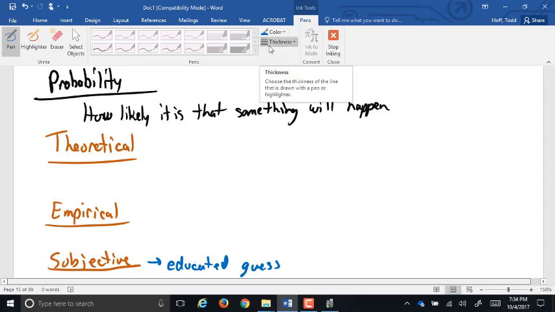Let's look at empirical probability. Empirical is relative frequency.